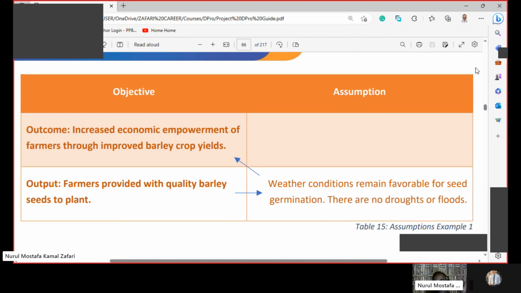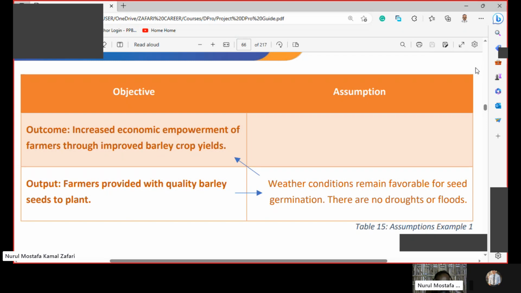Just think about an agriculture project where there is an activity of seed distribution and cultivation, and the output is farmers provided with quality barley seeds to plant.